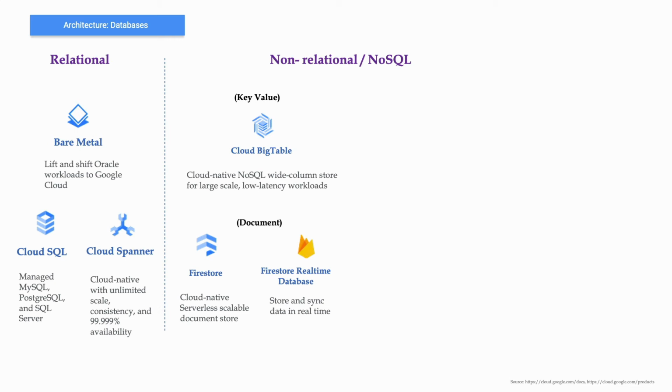It's also used for real time syncing of data. Part of the same family is the Firestore real time database, which is again document based but to store and sync data in real time, so mainly with mobile apps.